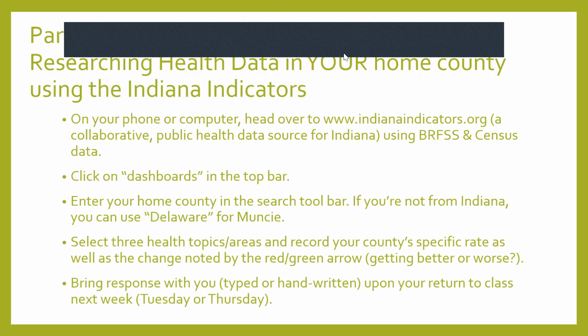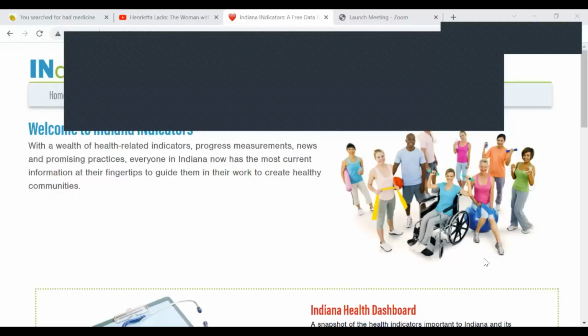So just so you can see the Indiana Indicators website really quickly, I'm going to share that one with you. So we'll end with this quick look. This is the Indiana Indicators website.